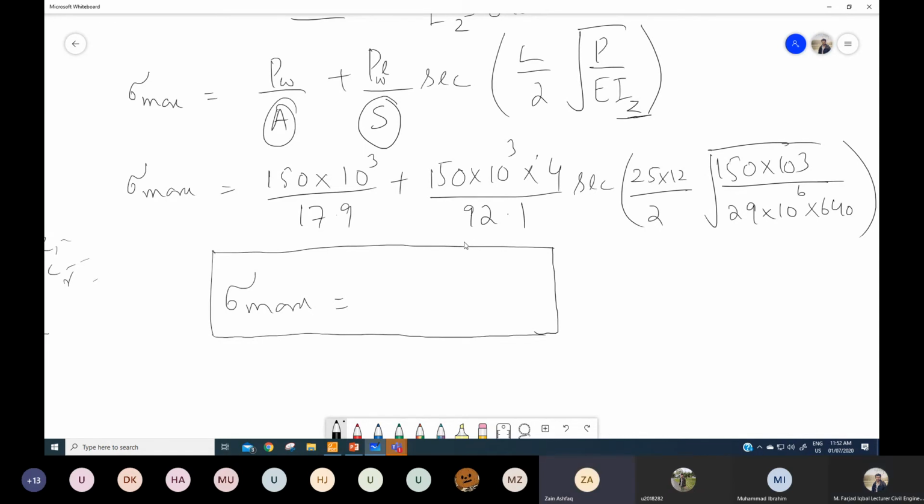Sir, 14.9 ksi. 14.93 and 14.959 ksi. So in psi, I have the answer as 15.53 into 10 raised to power 3 psi. So it should be close, or you can try it again, you will get the same answer.